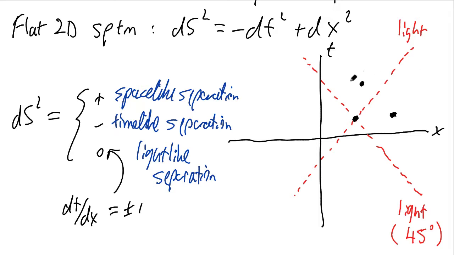So points that are in this upper wedge are considered to be in the future of this event. So this is the future region. And it's the future in the sense that this event can have a causal influence on any event within this future region. And that includes the boundary here, these light curves. Okay?